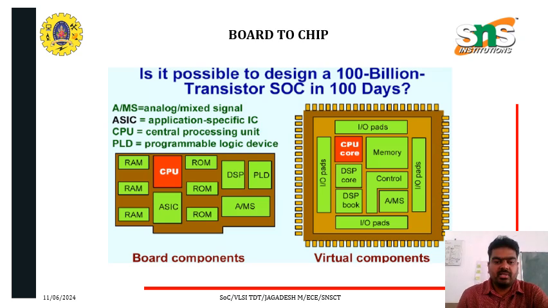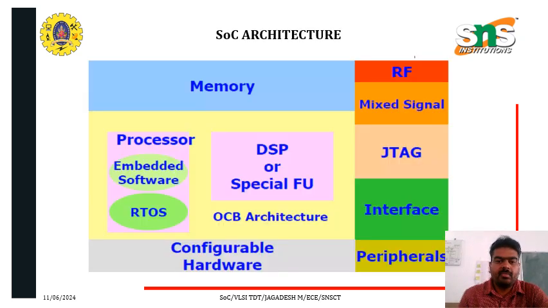That is represented over here. So SoC architecture contains memory, processor, embedded software, RTOS, that is a real-time operating system, DSP or special functional unit, OCP architecture, configurable hardware, and RF mixed signal, JTAG interface, peripherals. These are the elements contained in the SoC architecture.